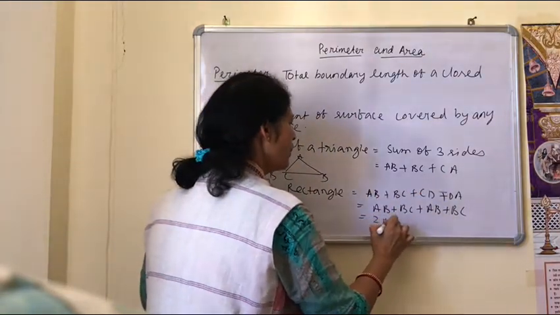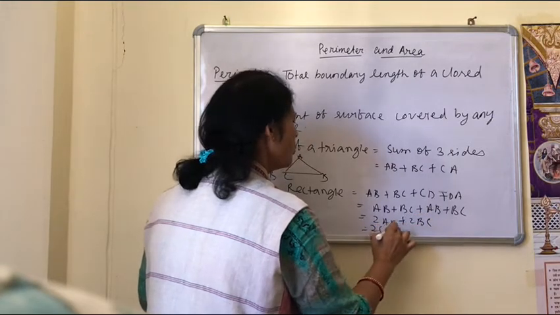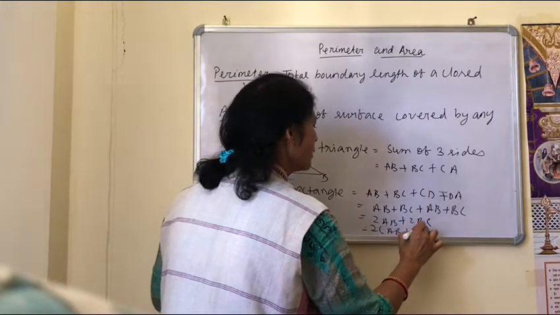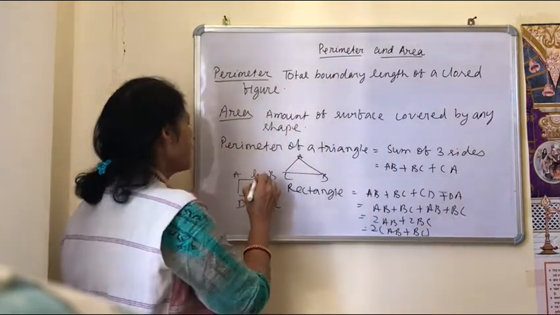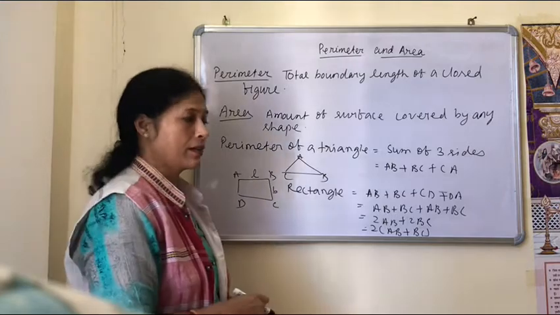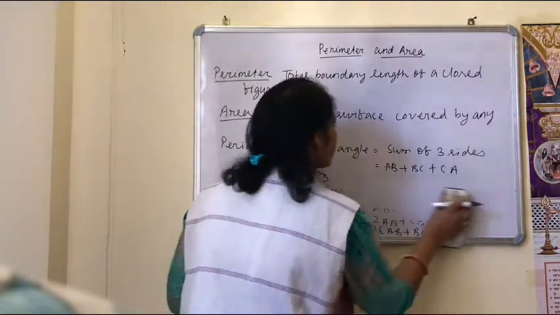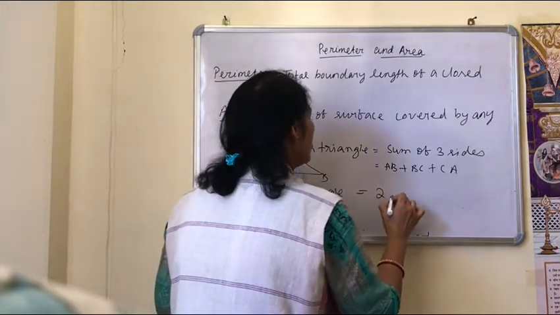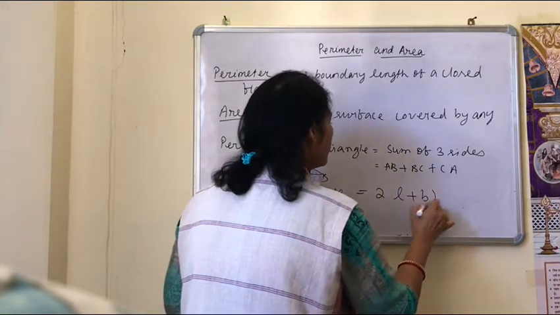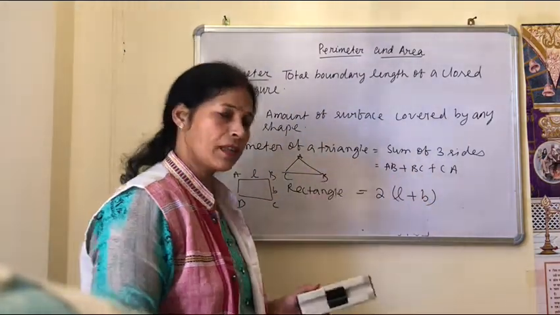So 2AB plus 2BC, that means 2 into (AB plus BC). Where AB is the length and BC is the breadth. So the formula is 2 into (length plus breadth). This is the formula of perimeter of rectangle.